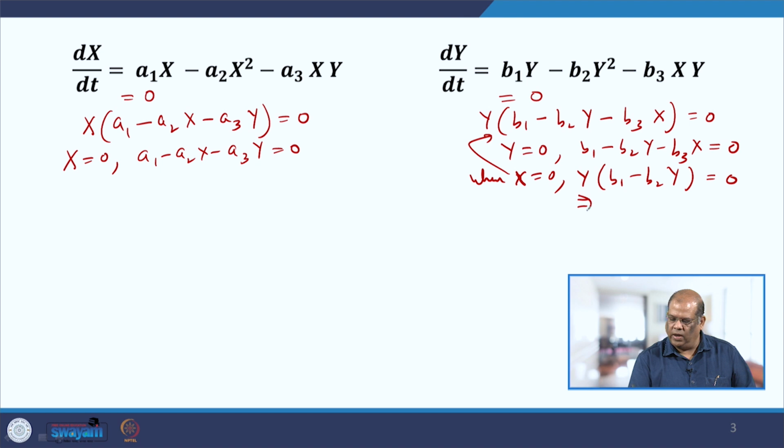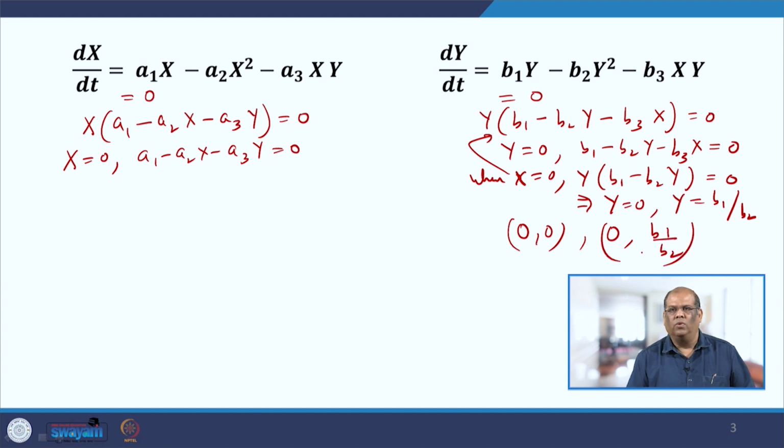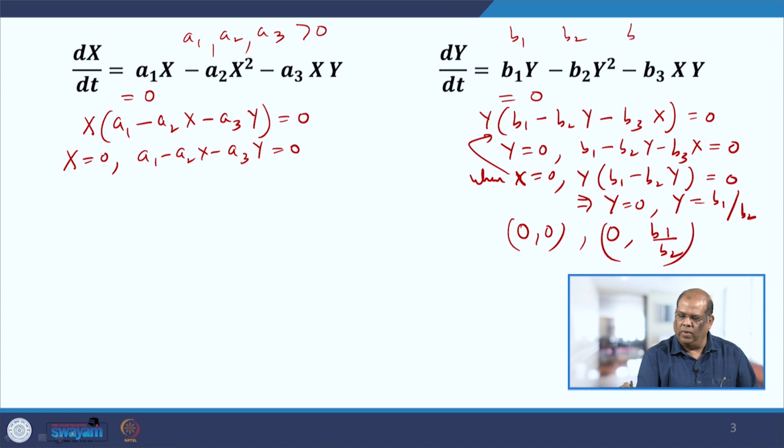This will give y equal to 0 and y equal to b1 by b2. So, when x is equal to 0, y is also 0, and when x is equal to 0, y equals b1 by b2. These two are the equilibrium solutions when x is equal to 0. Please note that all these constants a1, a2, a3, and b1, b2, b3 are positive because they generally represent rates.